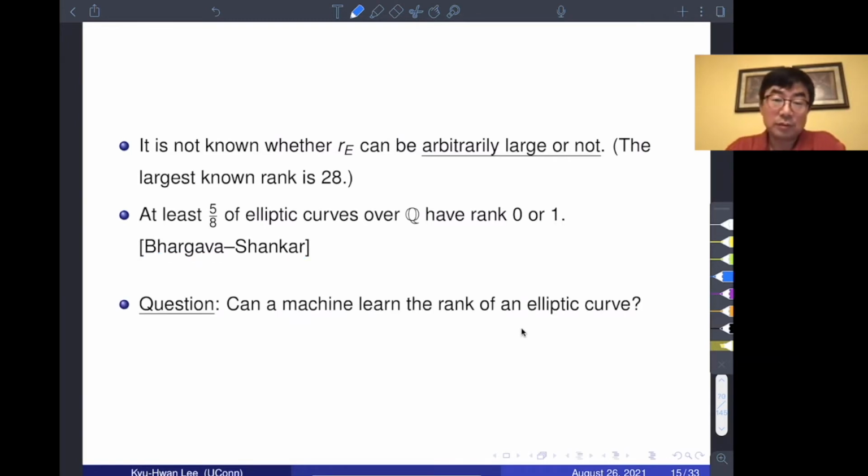So basically the rank of elliptic curves is a very interesting and important problem in number theory. The question is, can a machine learn the rank of an elliptic curve?